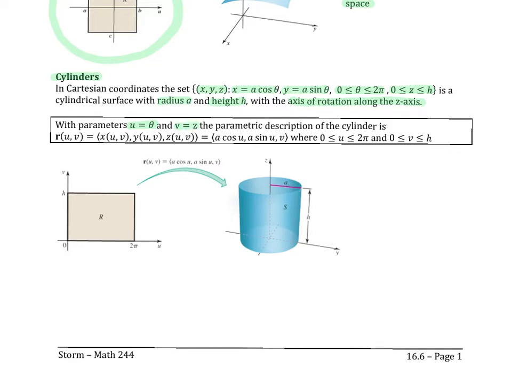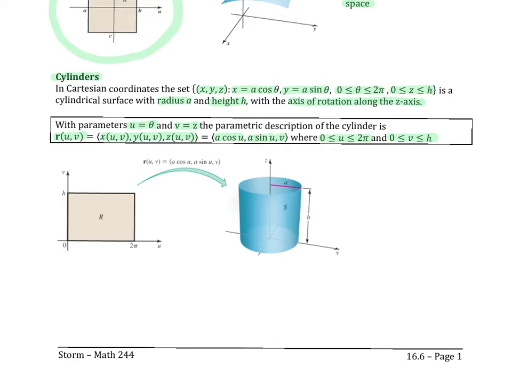So the parametric description you can use is r of uv equals x, y, z. But remember what x is. So this is a cosine u, a sine u, and v is just the z value. Here u goes from 0 to 2 pi since u is theta. V varies from 0 to h.